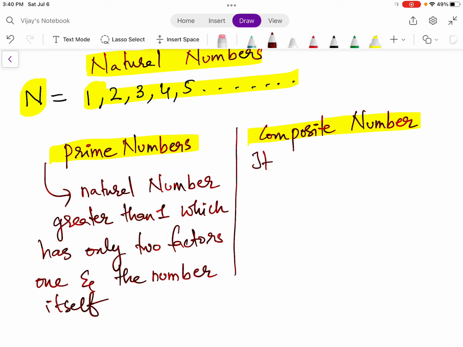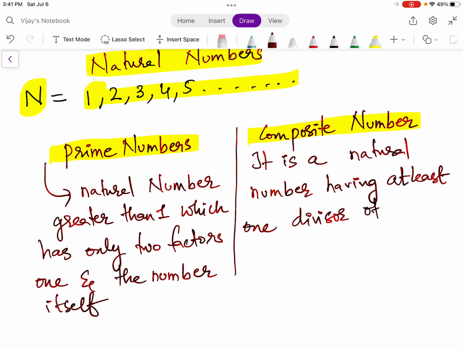So it is a natural number having at least one divisor other than 1 and itself. I will make these definitions of prime and composite numbers clear in a very short moment.